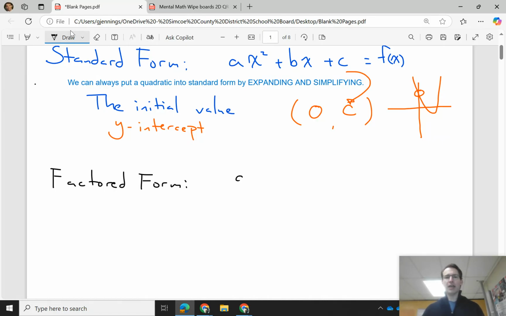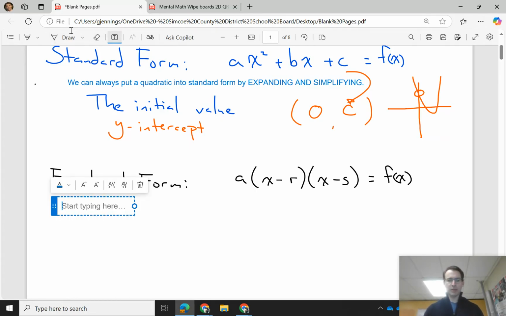Okay. Another form for quadratics is factored form. This one looks like A multiplied by x minus r multiplied by x minus s. And that could be as y equals, or that could be equals to f of x, or what have you. Some quadratics are factorable.